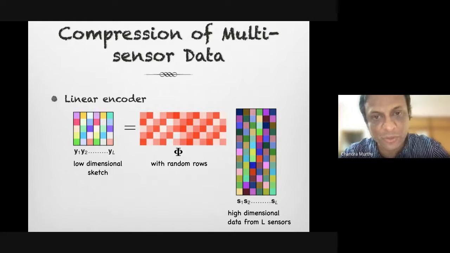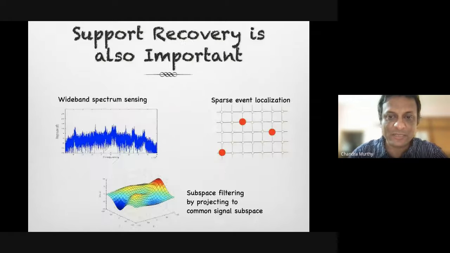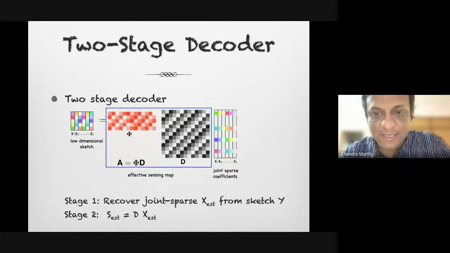That is additional structure in the signal. You see that there's a lot of structure in this matrix X. Not only is each column of X sparse, the locations of the non-zero entries are common across all the sparse vectors. If you exploit that extra structure, joint sparse recovery algorithms can recover the support of these sparse vectors using far fewer measurements.